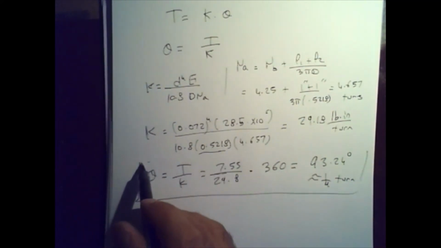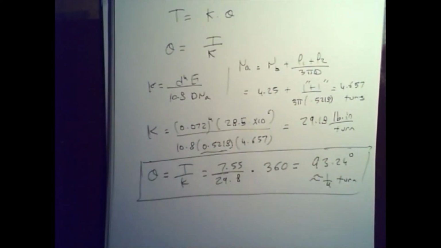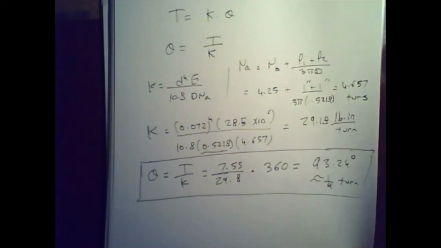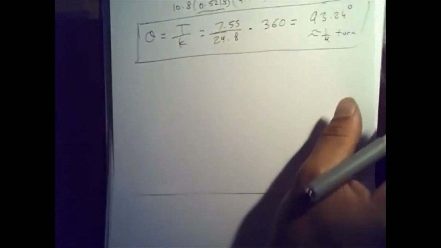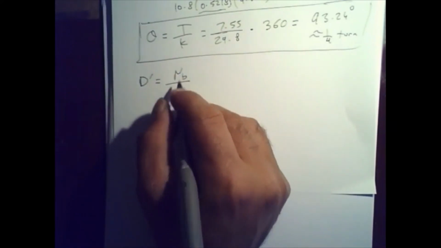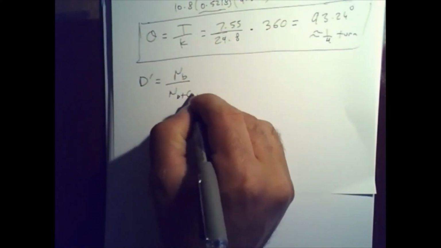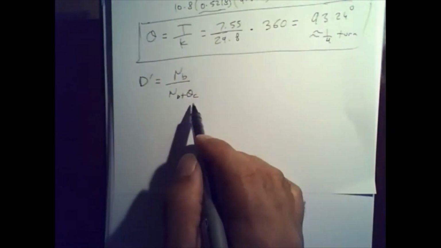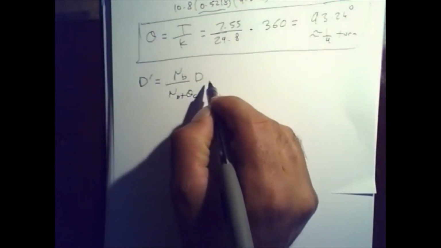Okay, guys, so this is what you need to know in terms of the static force analysis in the case of the torsion spring. And the last thing that we want to see is what happens inside the diameter as a result of this moment. So we said we can always find the new mean coil diameter, and the new mean coil diameter is going to be equal to NB divided by NB plus theta C, where theta C is the number of turns in the coil itself.